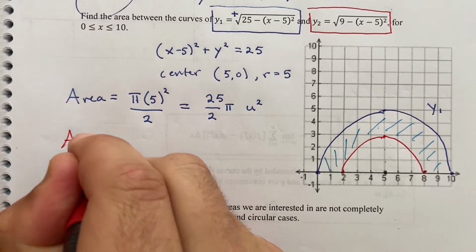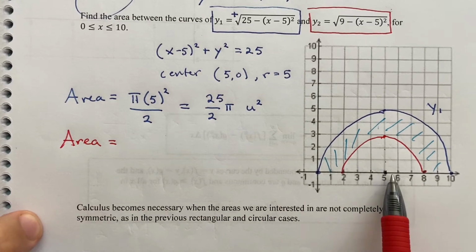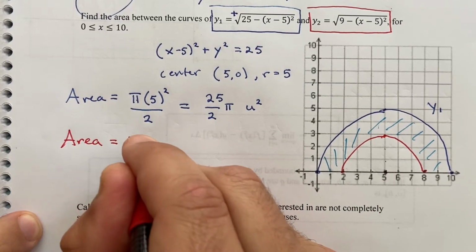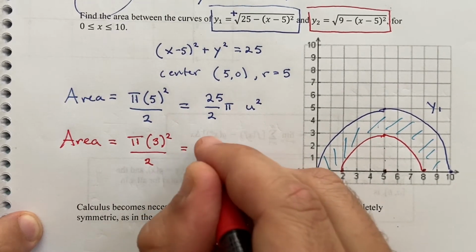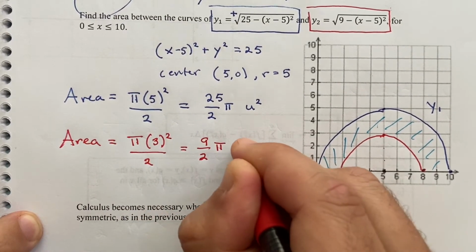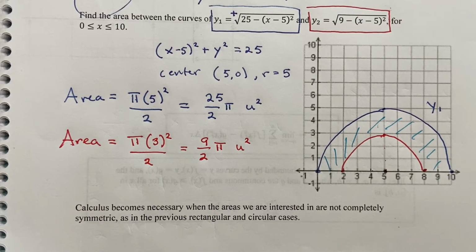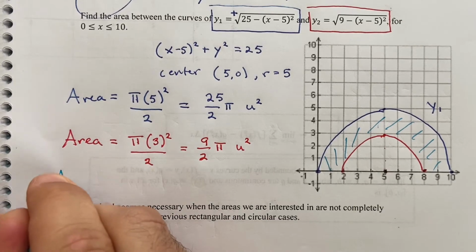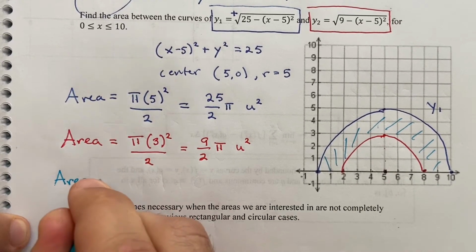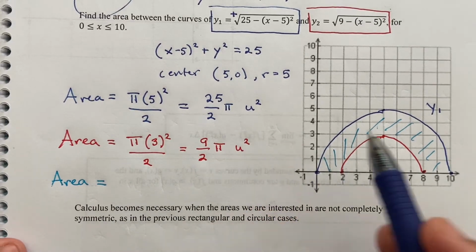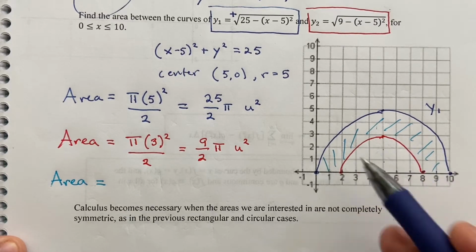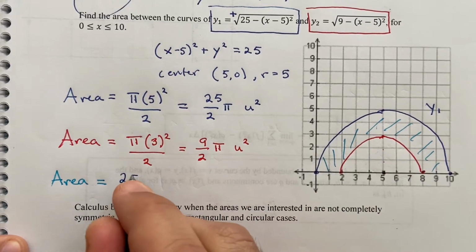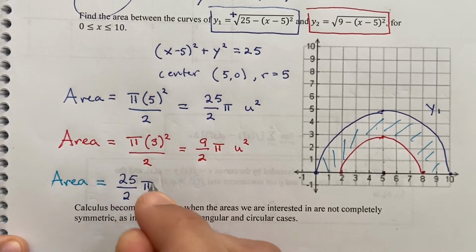The area of the smaller one, right, this is now a radius 3 semicircle, so I'd have pi r squared and then again over 2. So I'd have 9 halves pi square units. The area of the actual thing that we care about would be equal to that upper area, right? That's the area all throughout. So I'd have 25 halves pi.